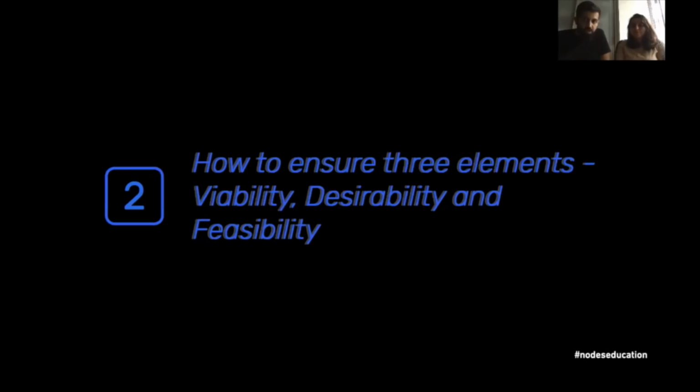What we are going to do is ensure that viability, desirability, and feasibility, all three are maintained in the POC that we are trying to build for the IITs. And we are also going to ensure that all these three factors are equally weighed in the solution, which will make the solution not only a quick fix, but a solution that can be scaled and used for a long-term purpose, which will ensure its utility in the entire system.